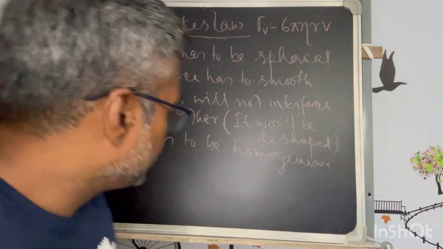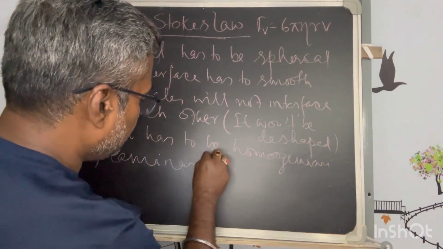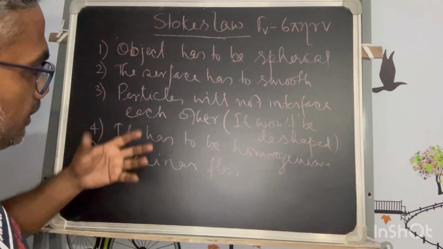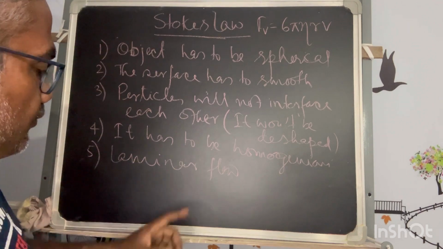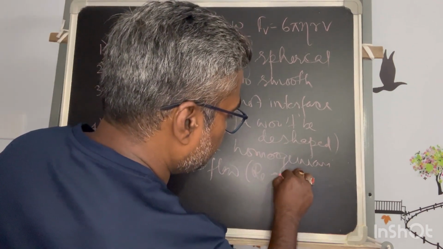The flow has to be laminar, that I said already, because we cannot think of any kind of turbulent flow and establish a formula. So laminar flow, and your Reynolds number has to be approximately 0.